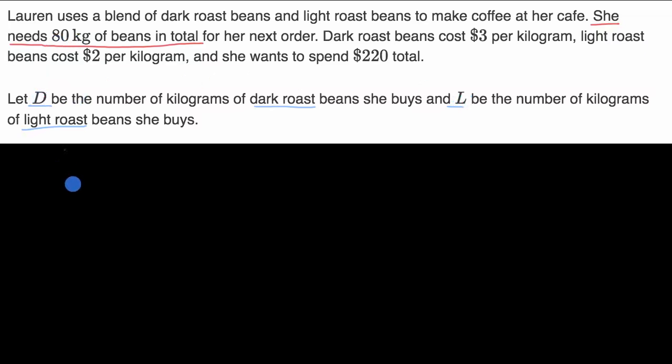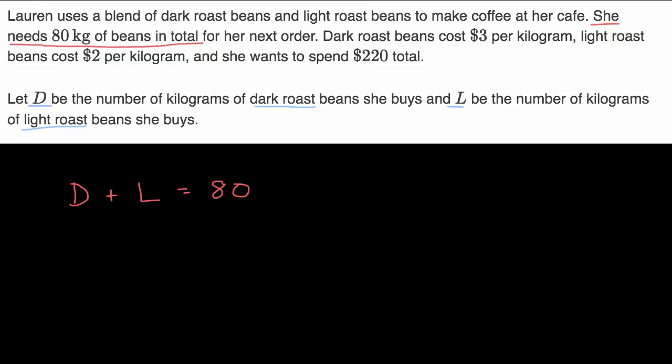So this number of kilograms plus this number of kilograms is going to be equal to your total number of kilograms. All right, so I have one equation with two unknowns.